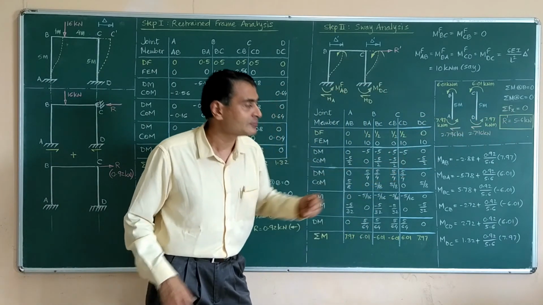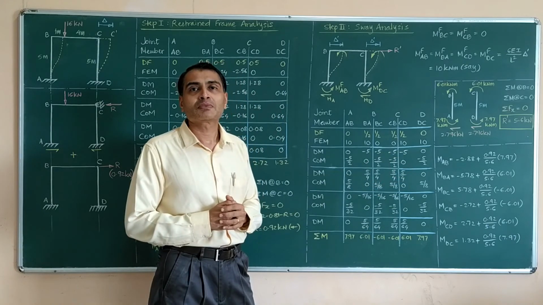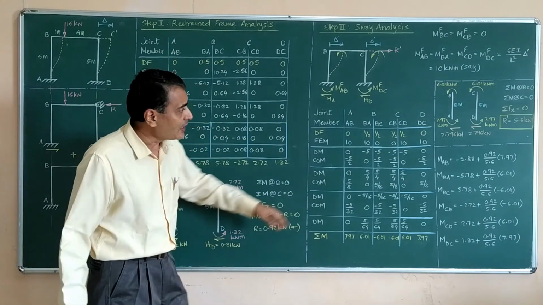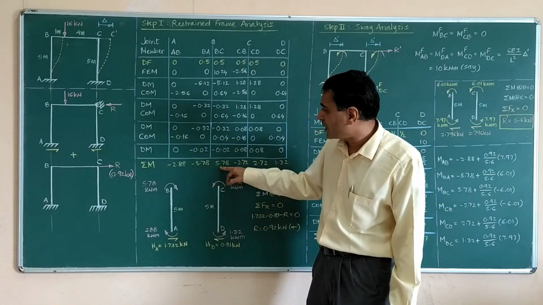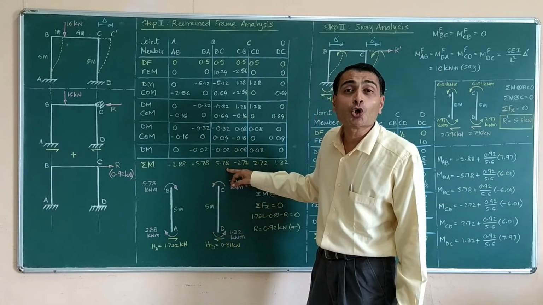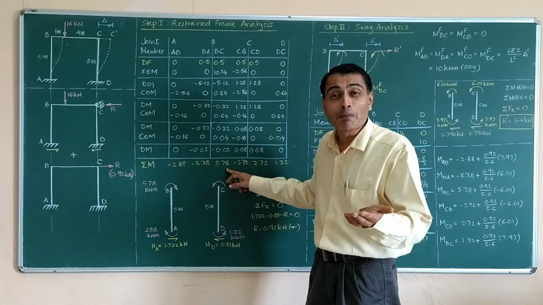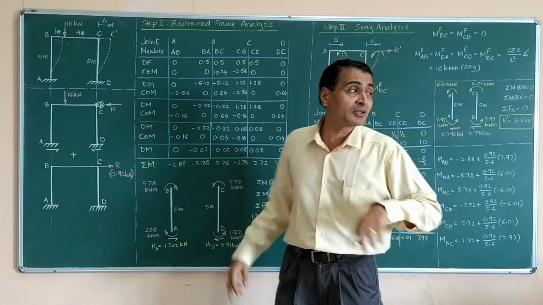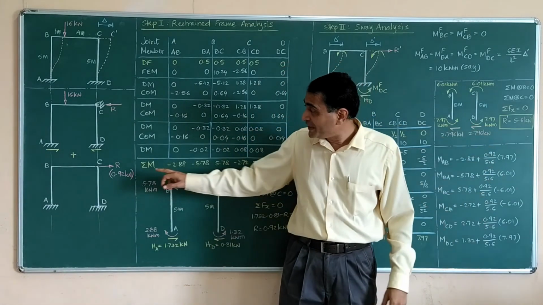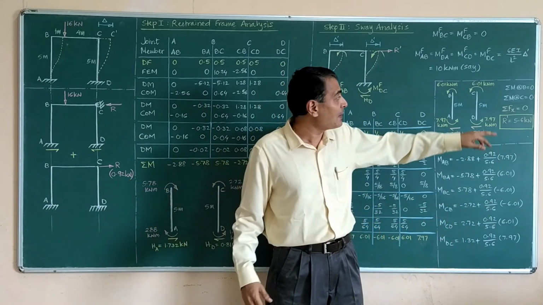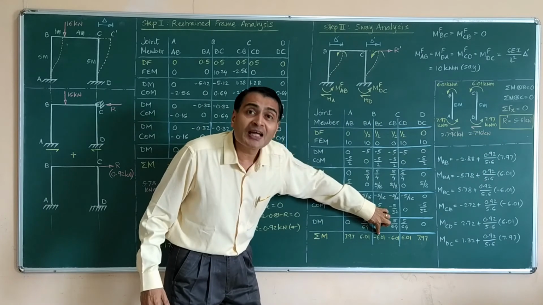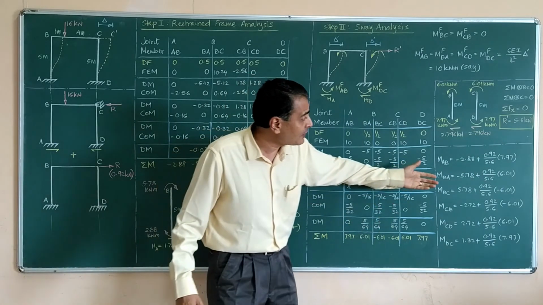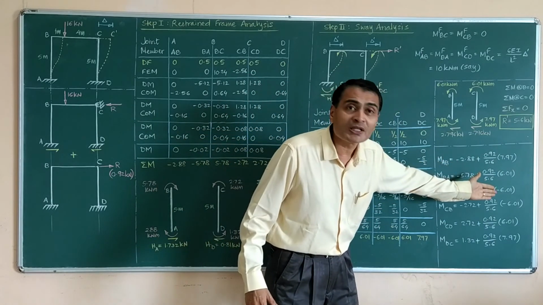Check. Next, M of BC is plus 5.78 non-sway moment plus superposition 0.92 upon 5.6 into M of BC negative 6.01. Whatever is negative, I am substituting negative.